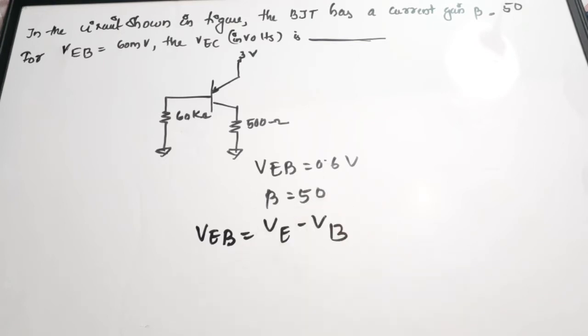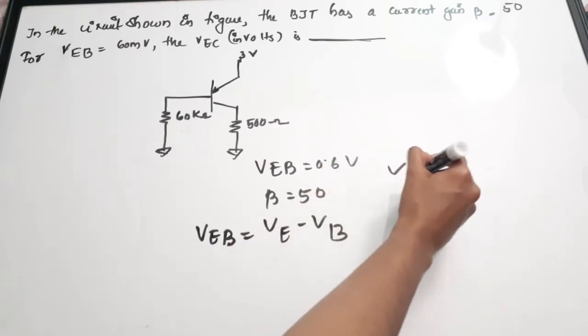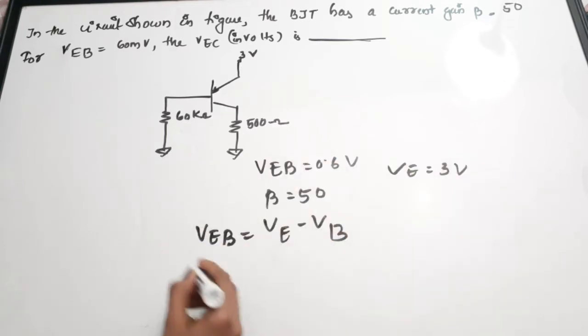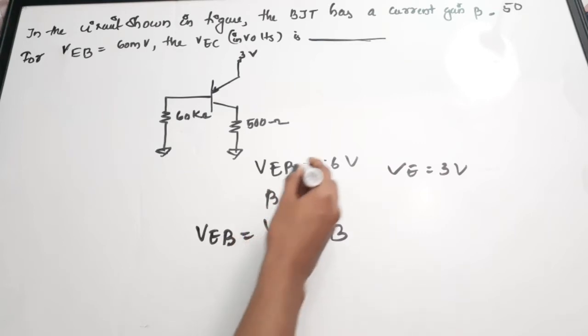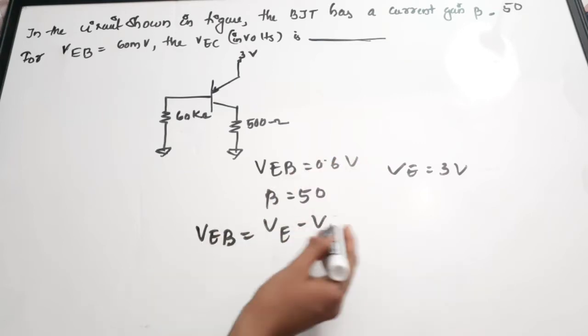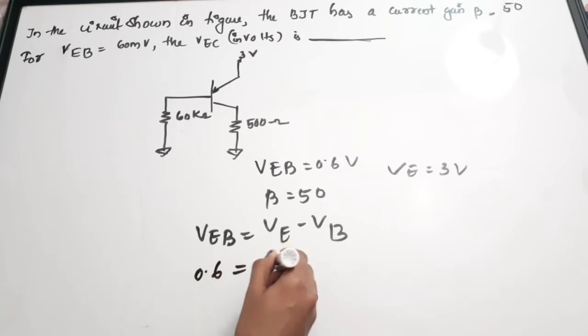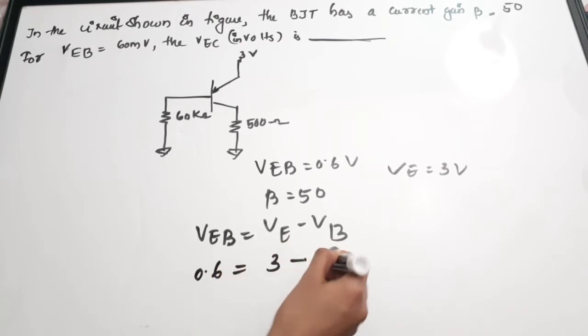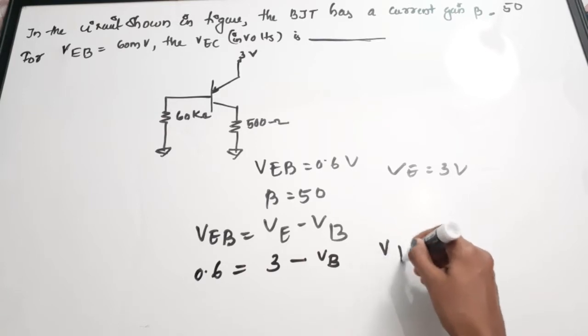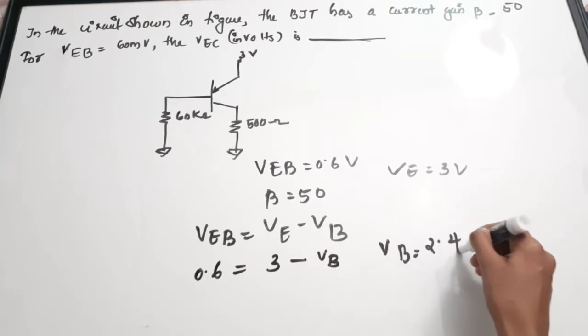Here from the figure you can see this is the emitter and the voltage is 3 volt. So VE is equal to 3 volt and VEB is equal to 0.6. So from that you can find the value of VB: 0.6 equal to 3 minus VB, so you will get VB equal to 2.4 volt.